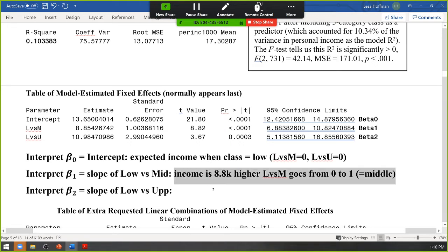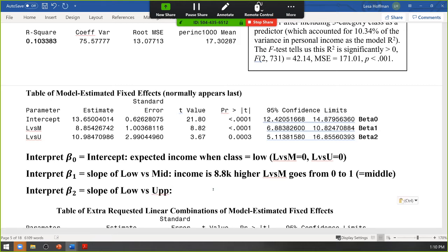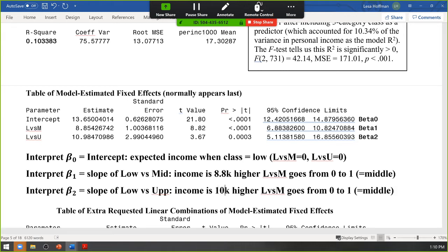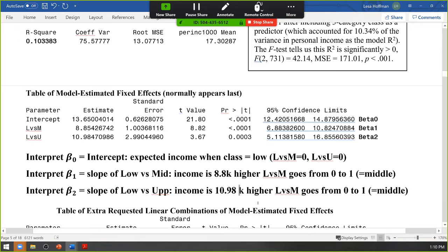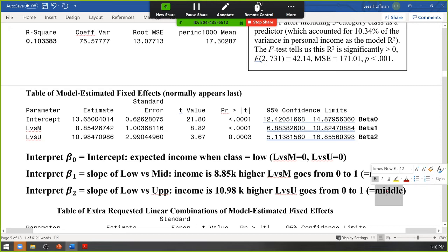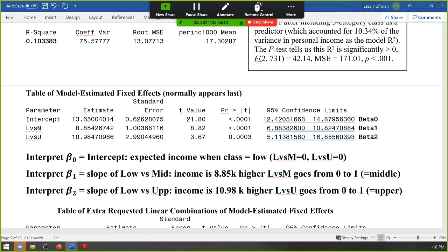For the last one, same idea. Change, let's go, we'll do 2 significant digits, why not? Add one here just to keep it parallel. When L versus U goes from 0 to 1, which is when we're talking about the upper group.